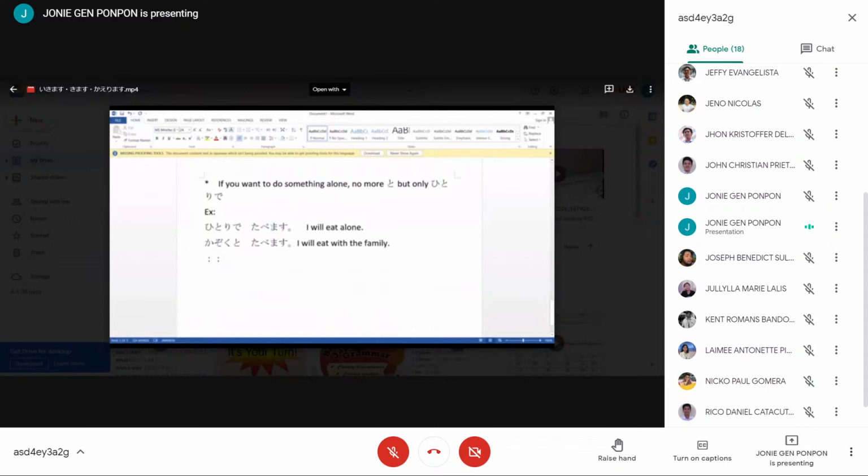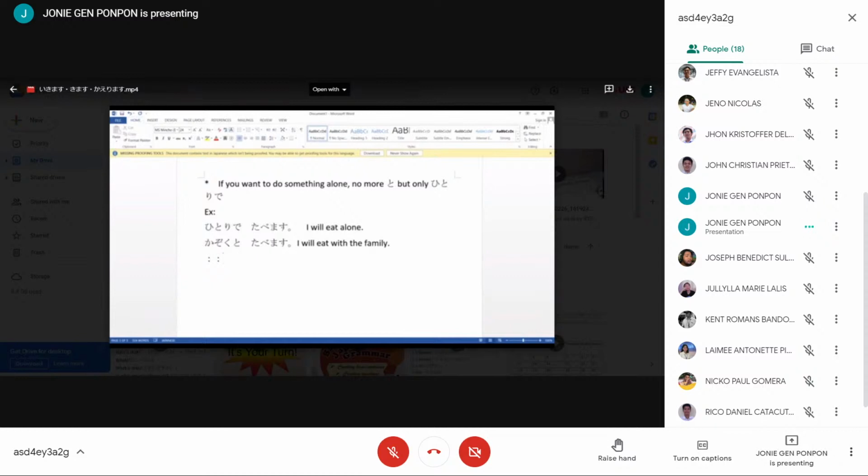Okay, let's go to the next sentence pattern. Next sentence pattern is using the directional verbs ikimas, kimas, kaerimas, and then you have the reason why you will go there, why you will come here, why you will go home. It's like parang ganon. Okay?